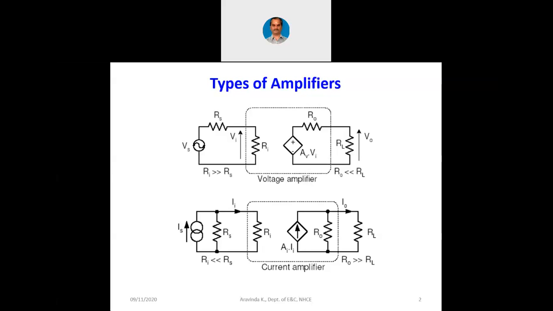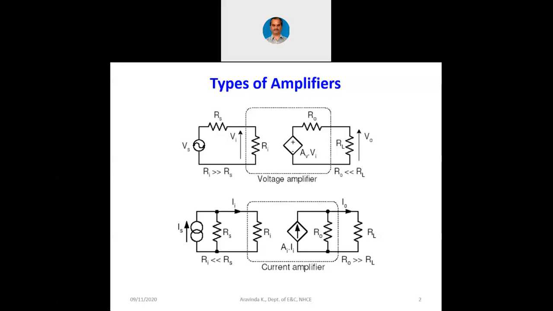For example, in one of my previous classes, I had asked you, when the symbol of the amplifier is a triangle symbol, if it is used in the digital circuits, what is it called? It is called a buffer. Now, buffer is also an amplifier, but it is not a voltage amplifier. It is a current amplifier where it will increase the current level of the input signal. Similarly, the voltage amplifier will increase the voltage level of the input signal.